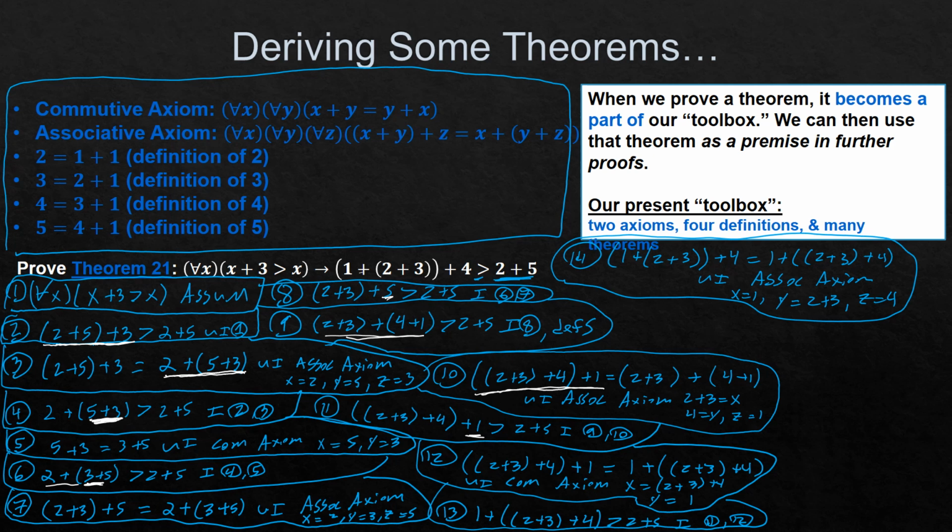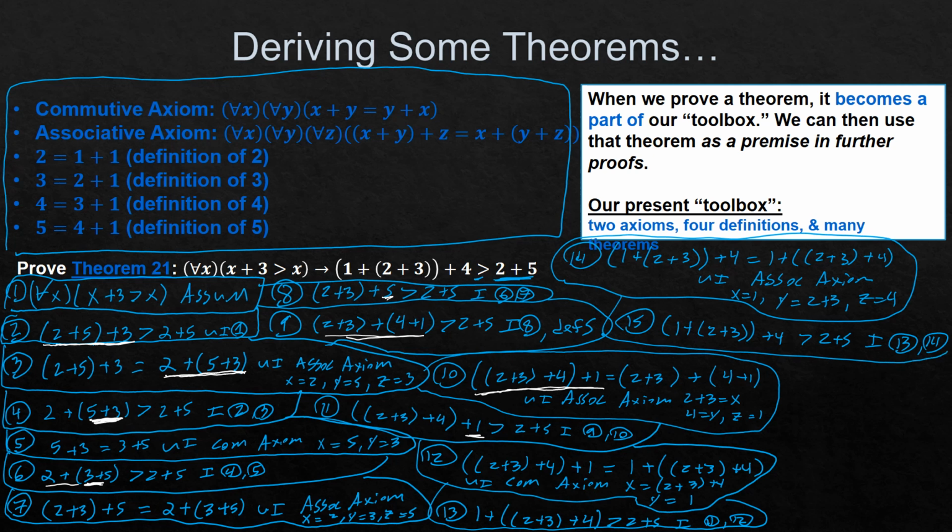But now we can do our identity rule, and then we can get (1 plus (2 plus 3)) plus 4 is greater than 2 plus 5, and this is the identity rule with lines 13, 14.